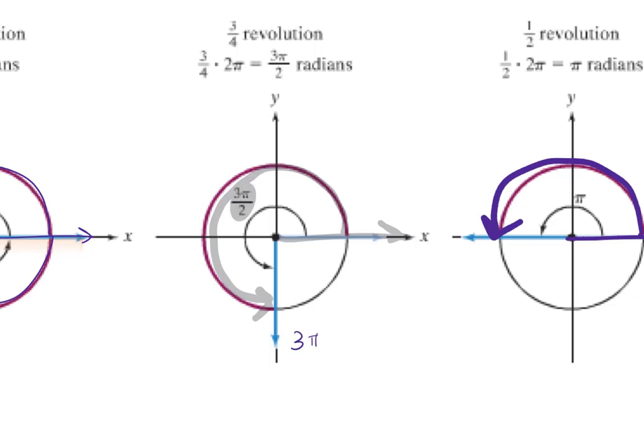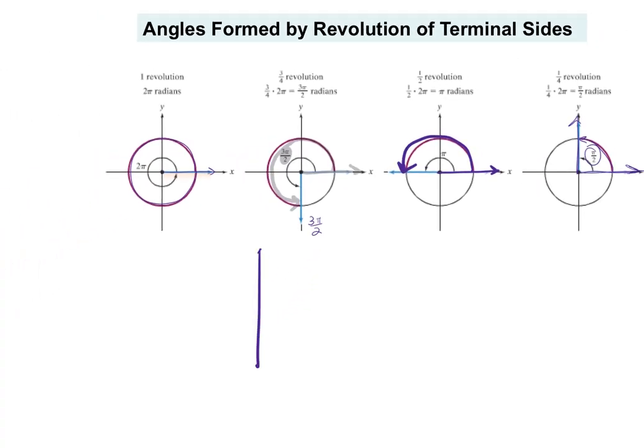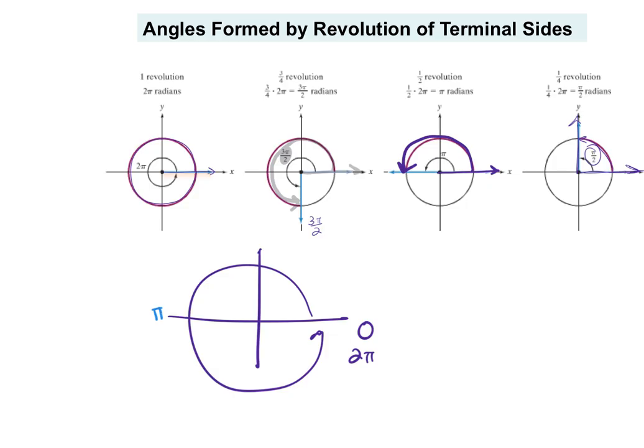So the very first thing you have to understand is these quadrant angles. If I were to draw it on a blank grid, I would start at the right at 0. All the way around would be 2 pi. Halfway would be pi. At the top would be pi over 2. And at the bottom would be 3 pi over 2.